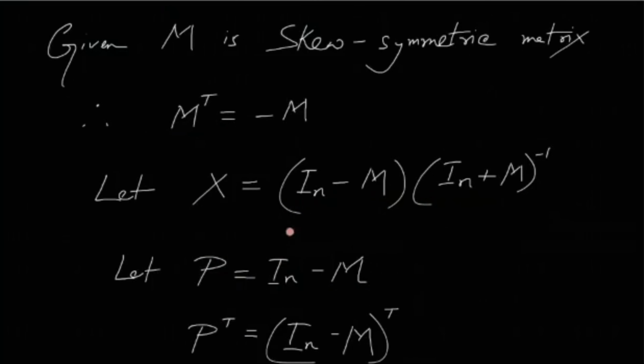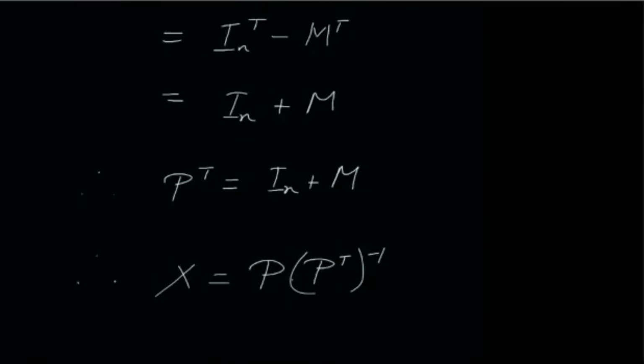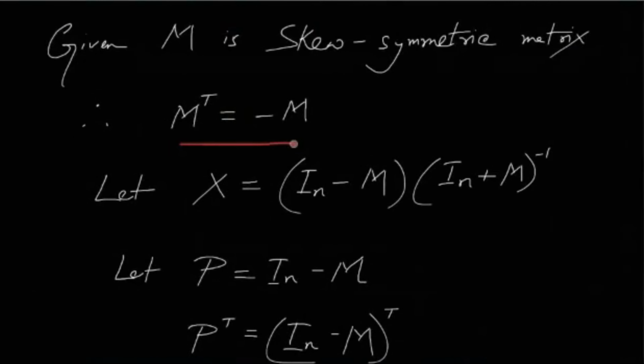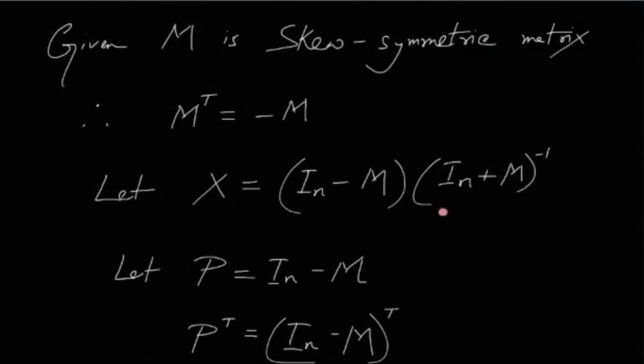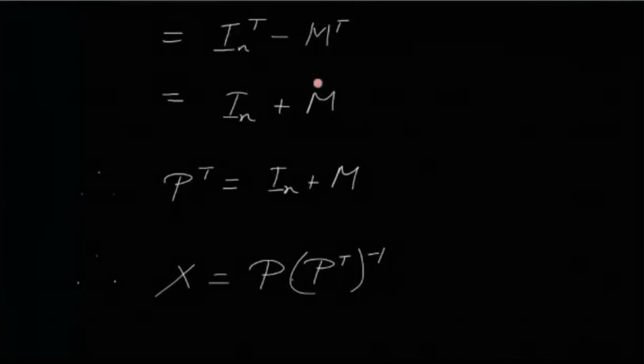So P transpose is nothing but I minus M whole transpose, which is I transpose minus M transpose. Now since M transpose is minus M, it is nothing but I plus M. Therefore X is actually nothing but P into P transpose inverse.